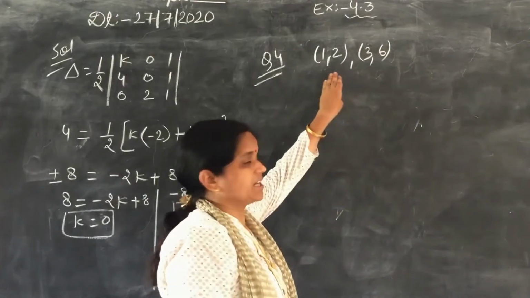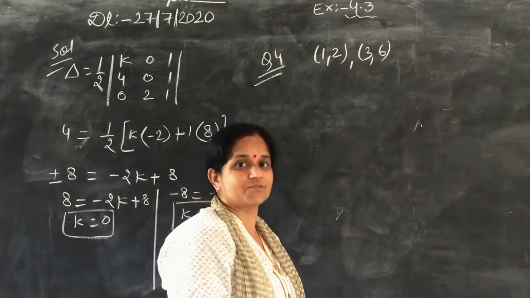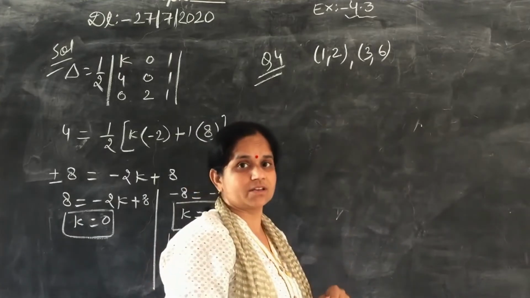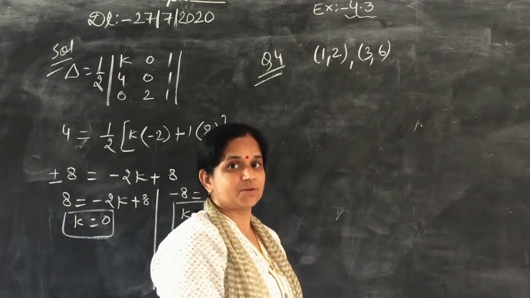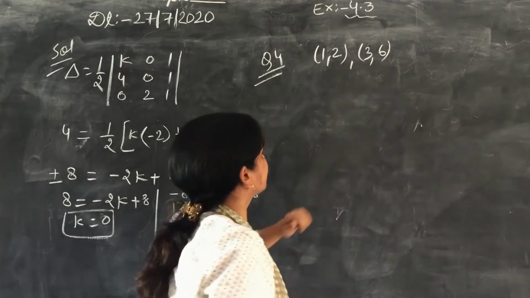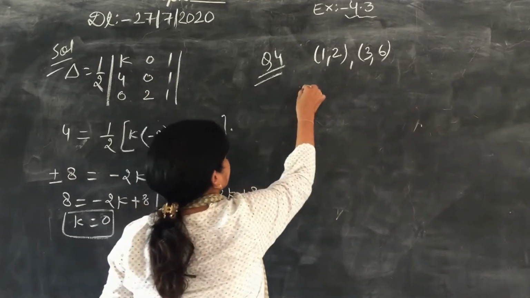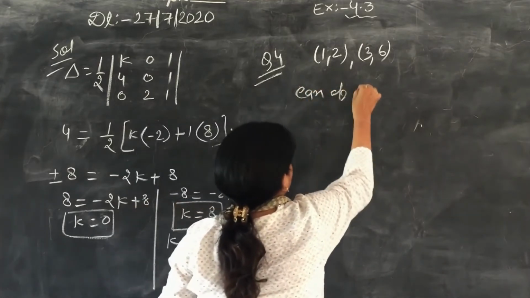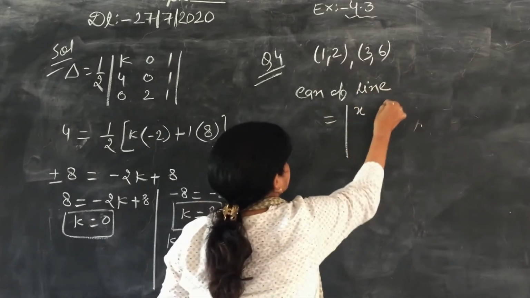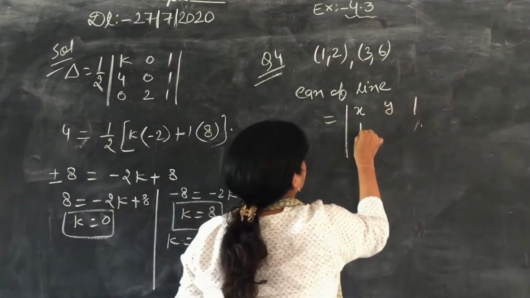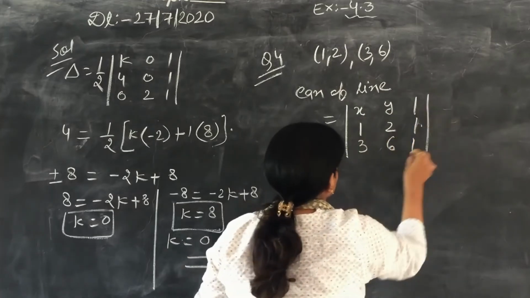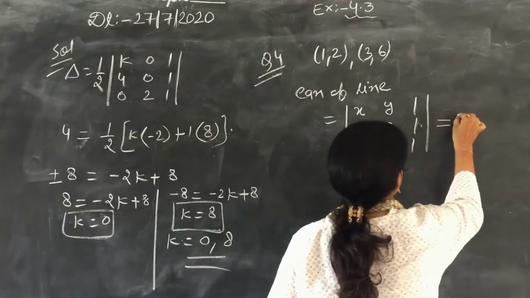Otherwise we know many methods to find the equation of a line in 11th science. You have all been studying them, students. How many methods do you know? By the slope method, two-point method. So here the equation of the line is the determinant x, y, 1; 1, 2, 1; 3, 6, 1 is equal to 0.